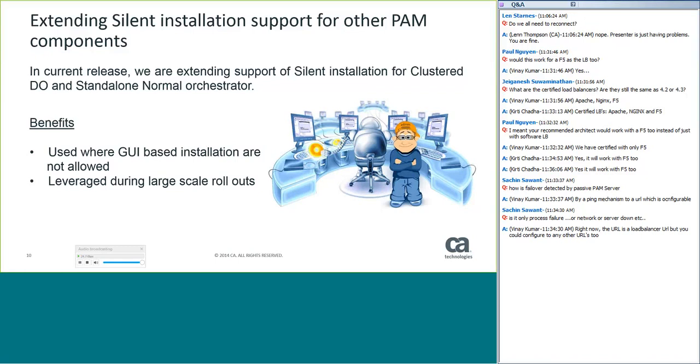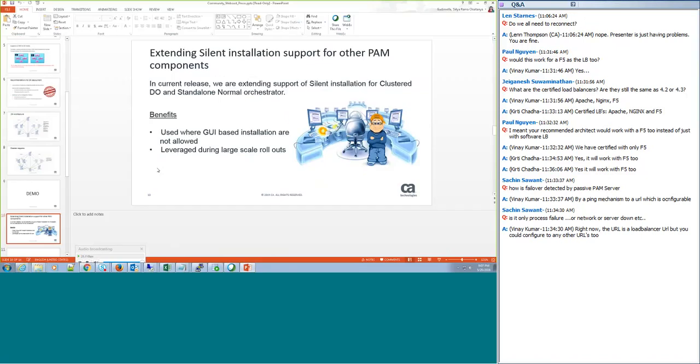The benefit we are giving in PAM is that if GUI is not supported, mainly on non-Windows platforms, we can use unattended installation completely for PAM, for non-domain orchestrators as well as domain cluster nodes. Also, to leverage large-scale rollouts, we can use this silent installation feature. I'll show you the demo now. Please give me one minute.